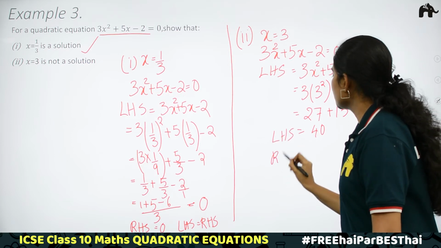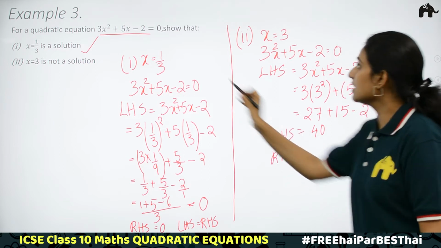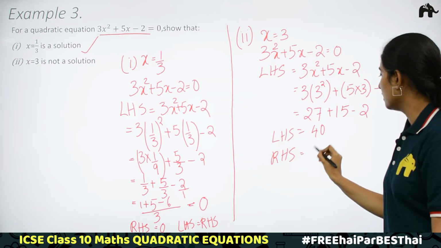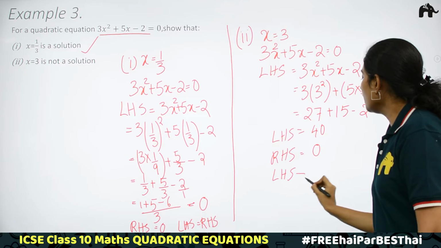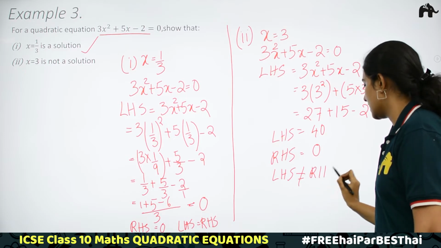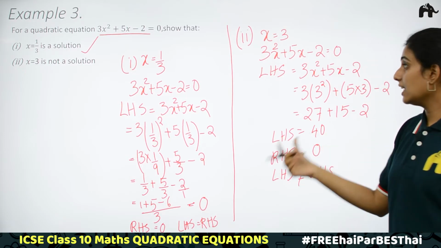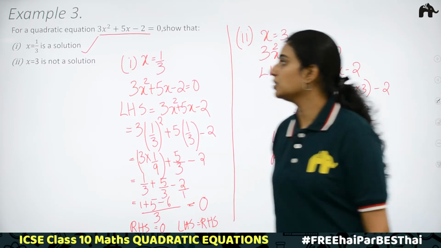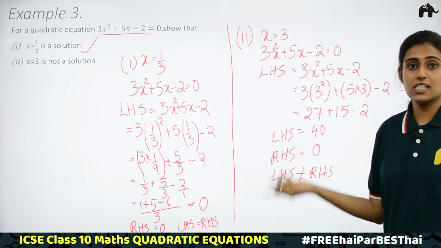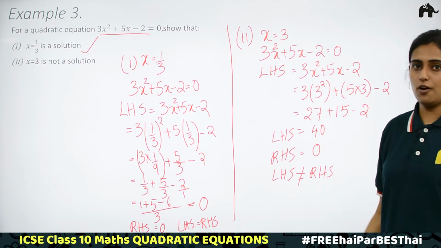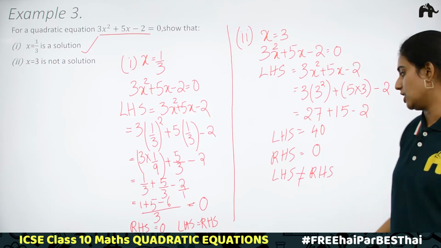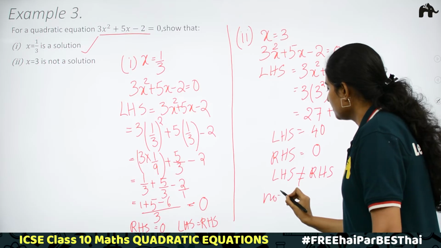What about RHS? RHS is 0, which means LHS is not equal to RHS. That is, the given value x is equal to 3 is not satisfying the quadratic equation. That is, it is not a solution of the given quadratic equation.